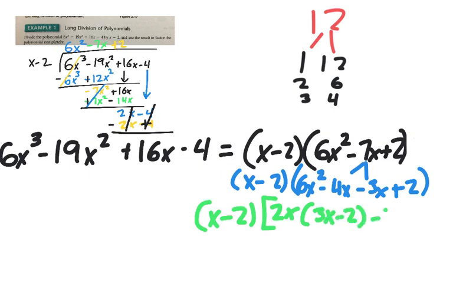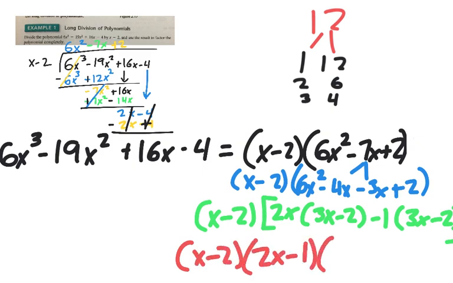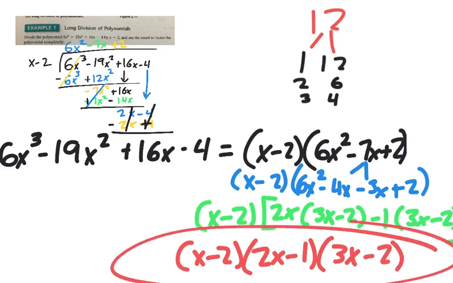GCF here is negative 1. That leaves me with 3x minus 2. So my parentheses match. So now I have x minus 2 times what's in front of the parentheses times the matching parentheses. So now I have factored the polynomial completely.